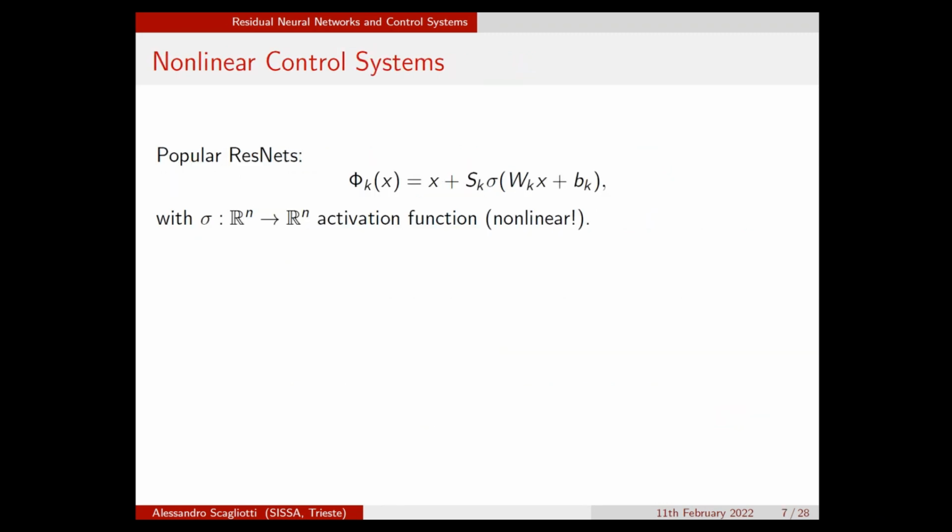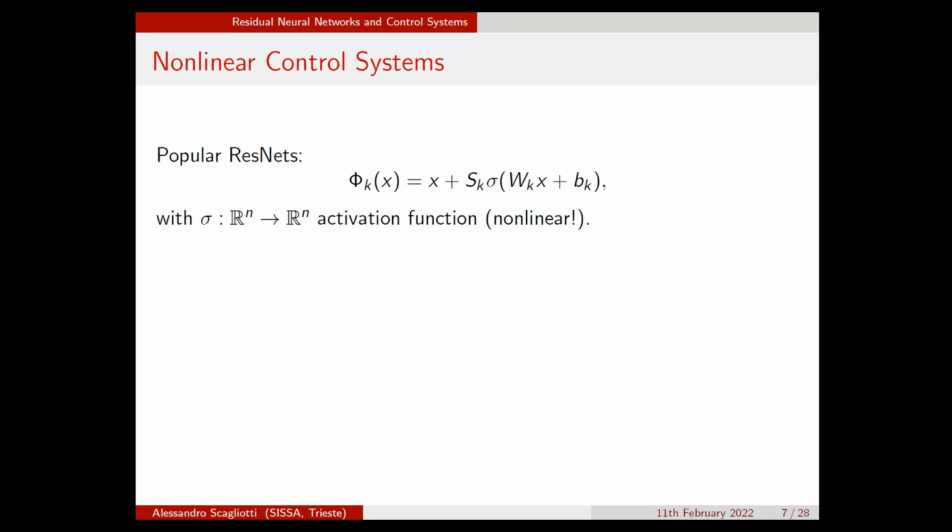Okay, so before proceeding to the residual neural network that we focused on, I present a popular form of residual neural network. A very popular residual neural network has typically this form. The elementary mappings phi k are given as the sum of the identity, as we have already seen, plus sk, where sk is an n times n matrix that multiplies the output of the sigma.